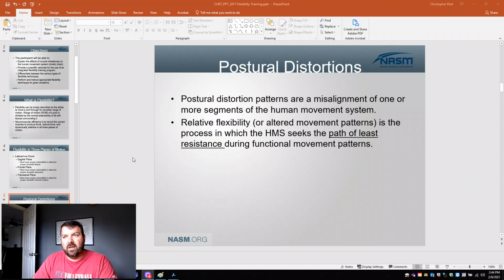What's a good example off the top of my head? Instead of having your lower trap activate for shoulder retraction, it may put more emphasis on your biceps. But then you're not going to get that full extension like you would like during a pull-up, for example.